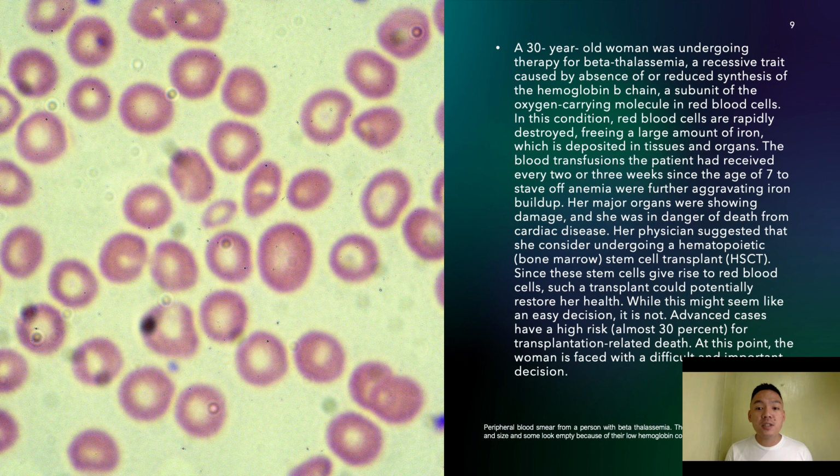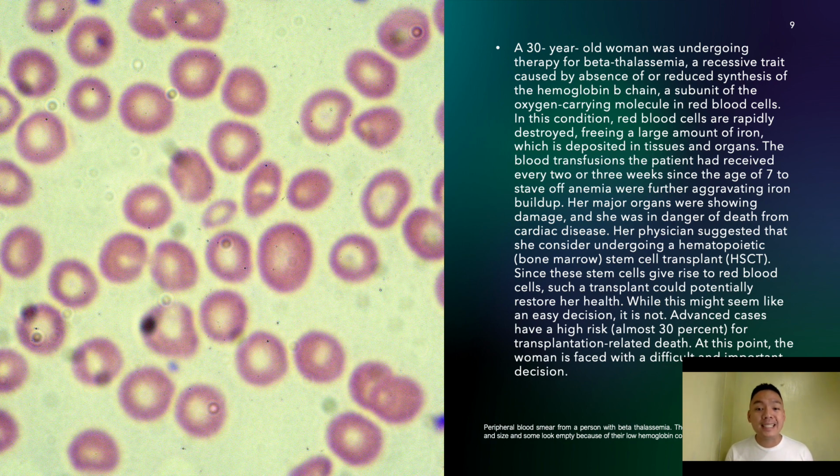The blood transfusions the patient had received every 2 or 3 weeks since the age of 7 to stave off anemia were further aggravating iron buildup. So there is an iron buildup within the tissues of this 30-year-old woman. Her major organs were showing damage and she was in danger of death from cardiac disease.